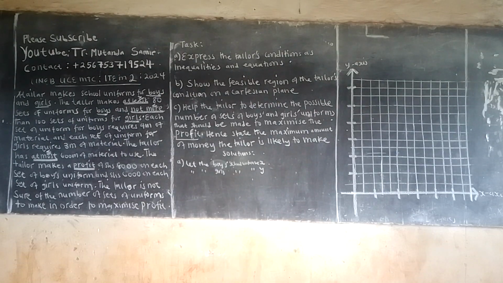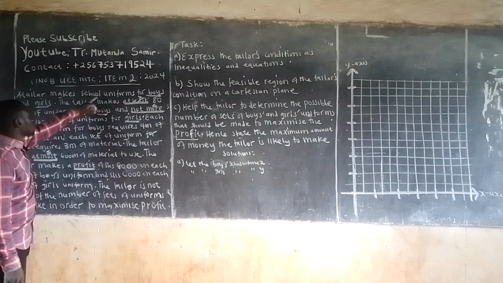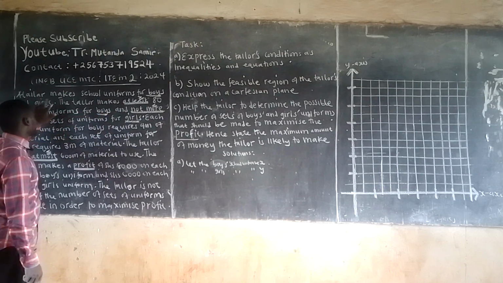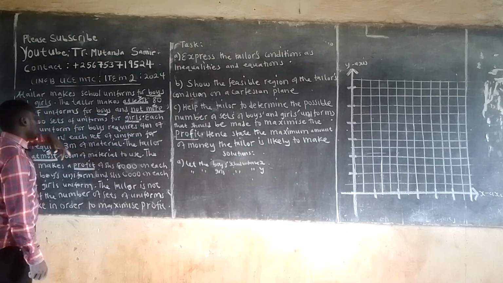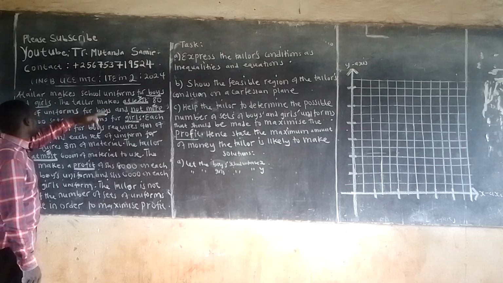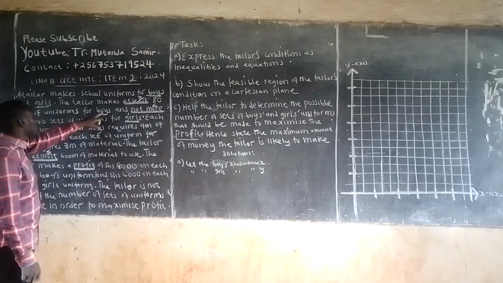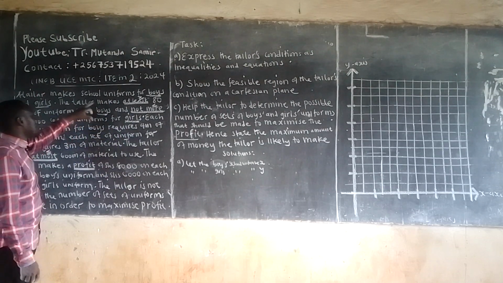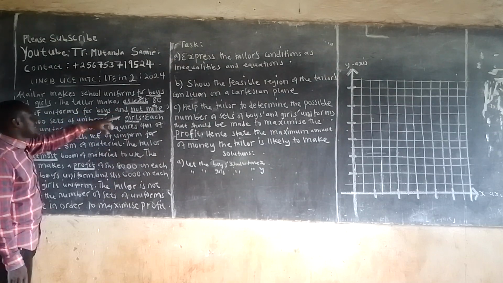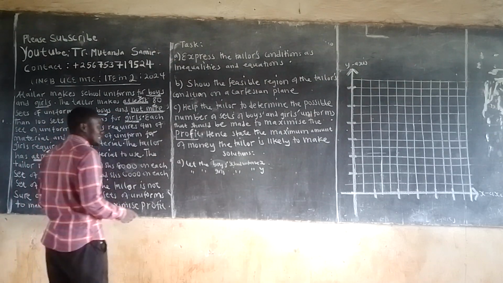Now let's start off. They are saying a tailor makes school uniforms for boys and girls. There is no number there, so I will not pick an equation there. The tailor makes at least 80 sets of uniforms for boys.